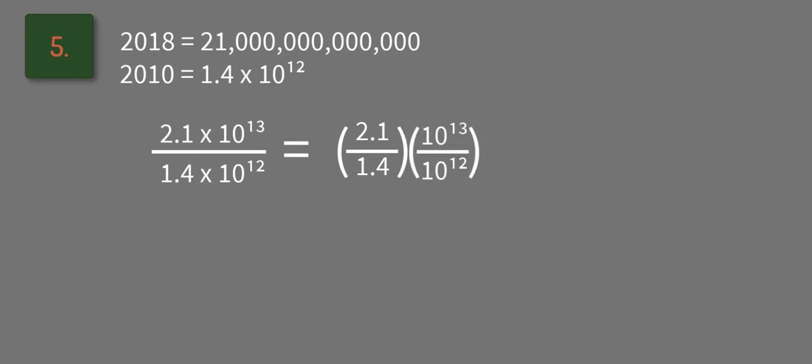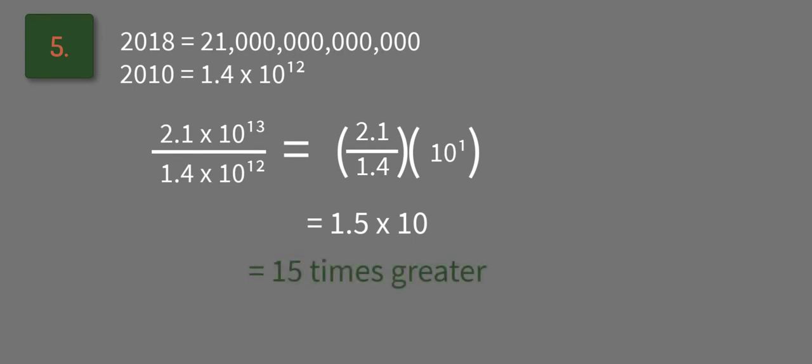We're dividing, same base, so we subtract the exponents. That would be 10 to the first. And then 2.1 divided by 1.4 is going to be 1.5. So we have 1.5 times 10 to the first, which means that in 2018, in just 8 short years, our national debt is 15 times greater than it was in 2010.